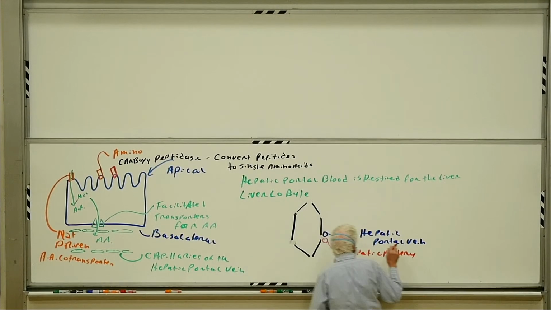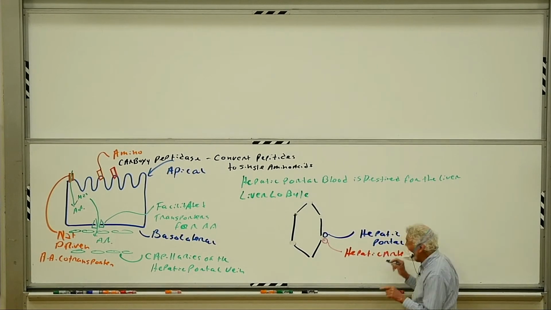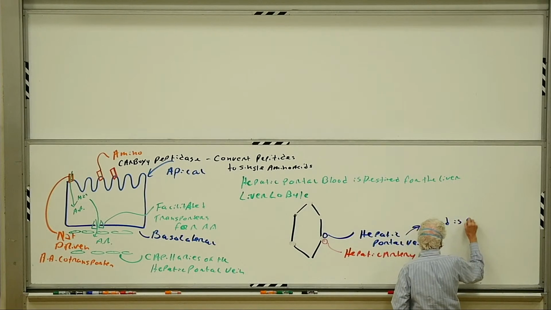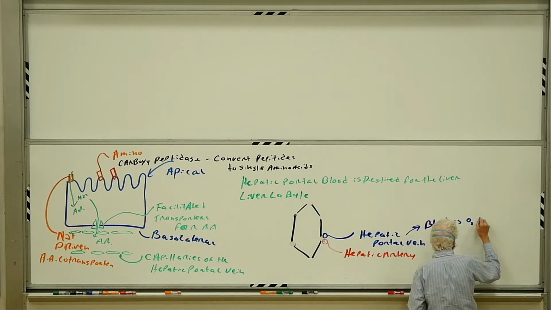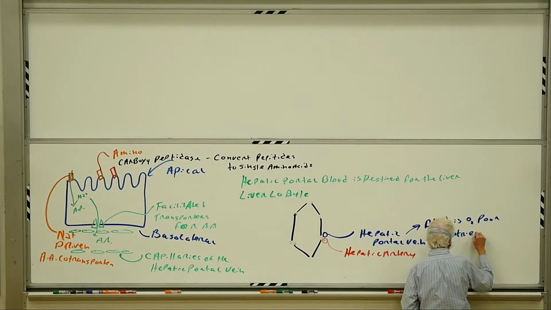Now again, because all this blood has passed through the gut, in the hepatic portal vein we find that the blood is O2 poor and nutrient rich.